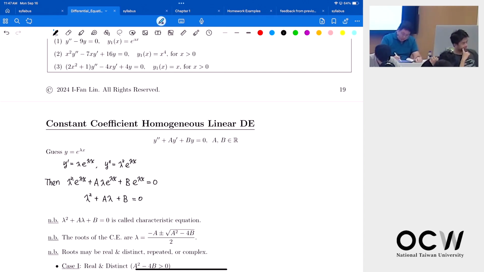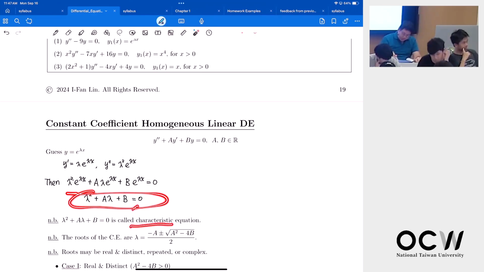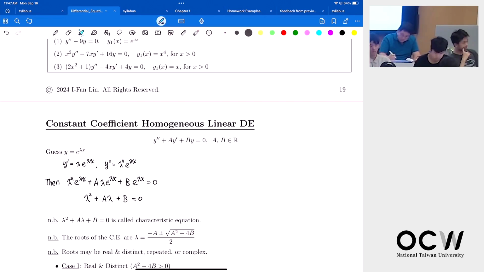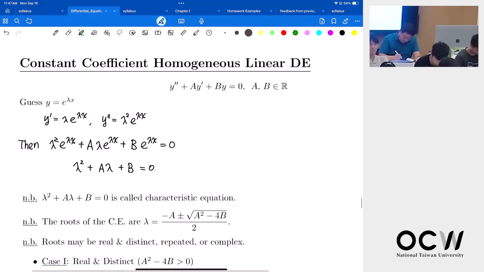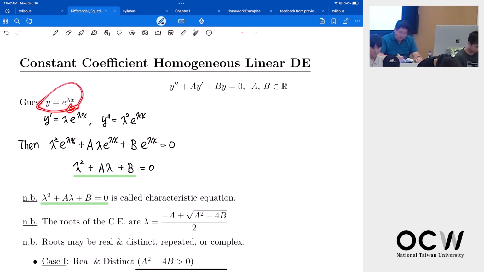We call this equation the characteristic equation. We need to find lambda, and once we find lambda, that's our solution.